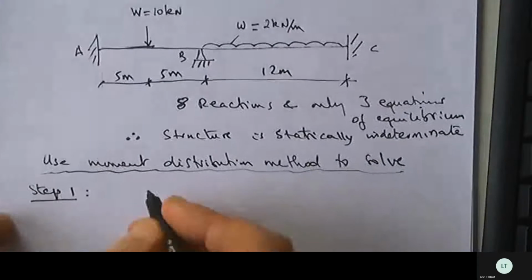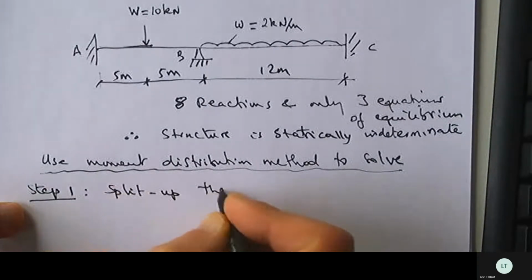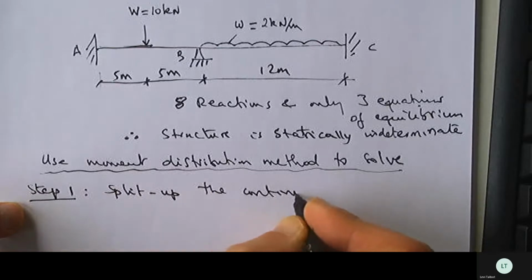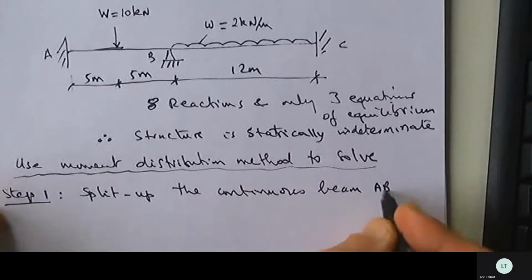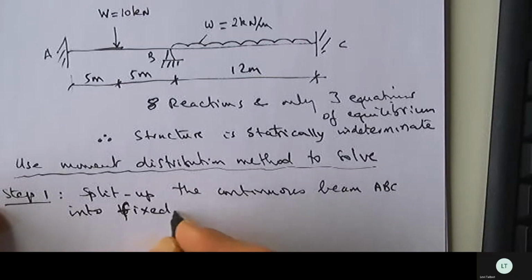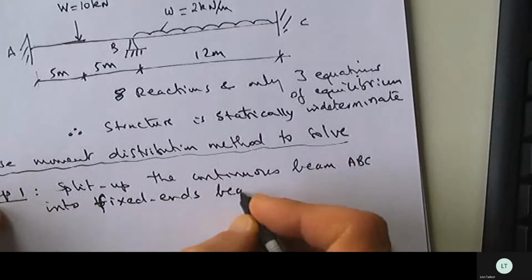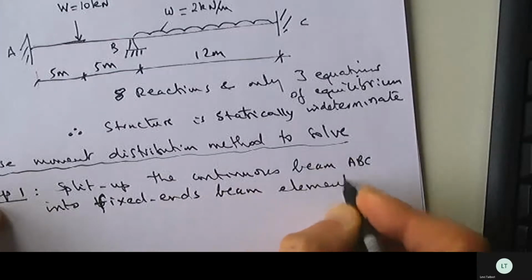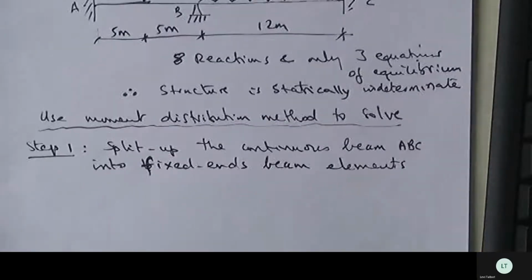Step number 1, you split up the continuous beam ABC into fixed-ended beam elements.